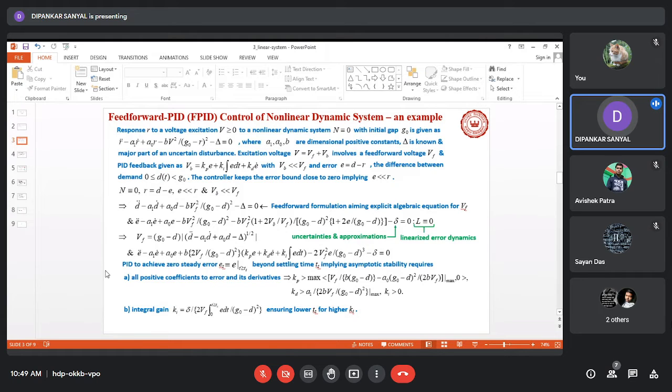So delta divided by all the coefficients of E is the steady error that will arise when all the transient phase is over. So because of that, we need to add the integral term also.